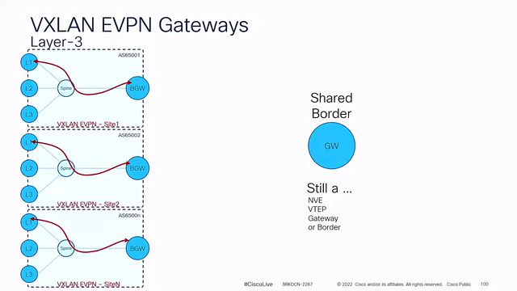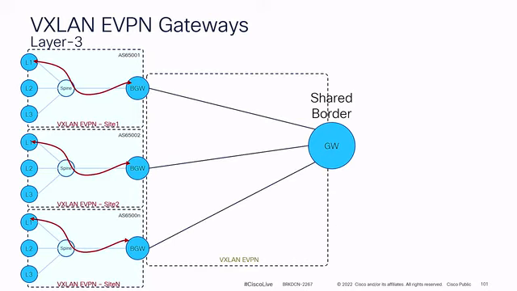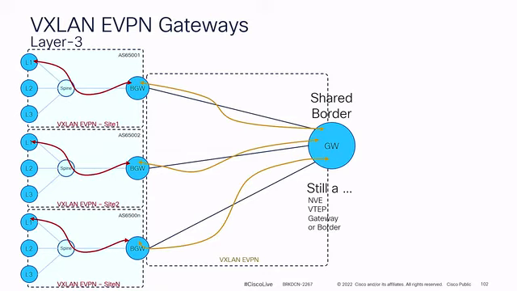So what we do is, we have VXLAN EVPN in the fabric. By the way, this is just a VTEP, not a border gateway. I want to be very specific. What we do is, we build a little bit of VXLAN EVPN here, so this becomes a gateway, a border in that case. And we do middle orange VXLAN EVPN, red is VXLAN EVPN, VXLAN EVPN to VXLAN EVPN stitching.